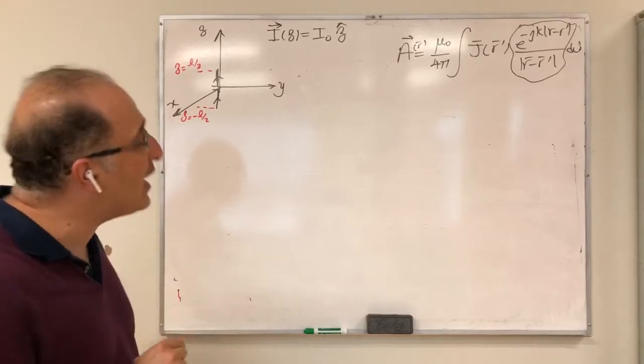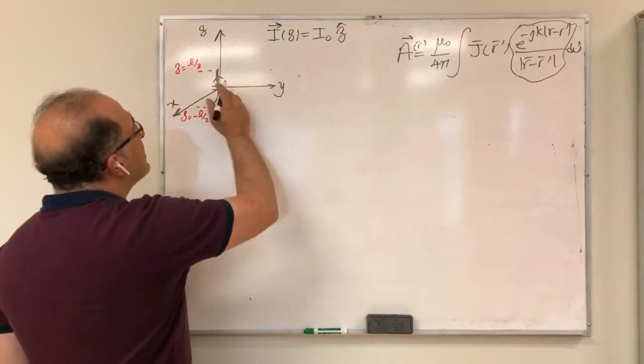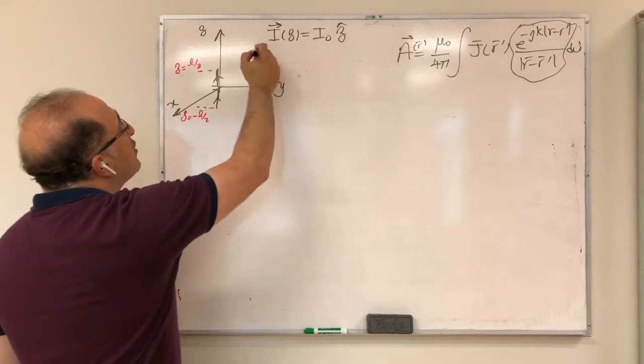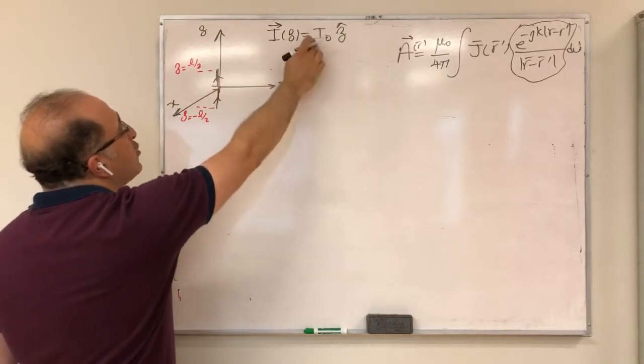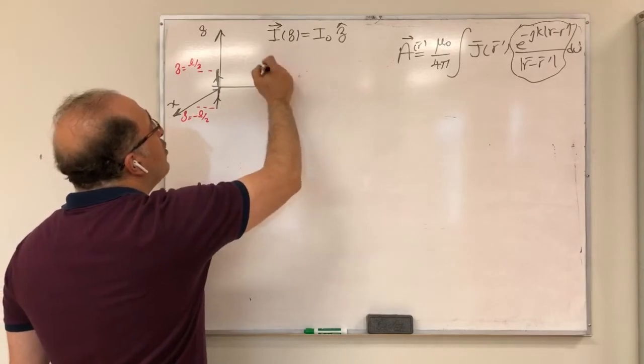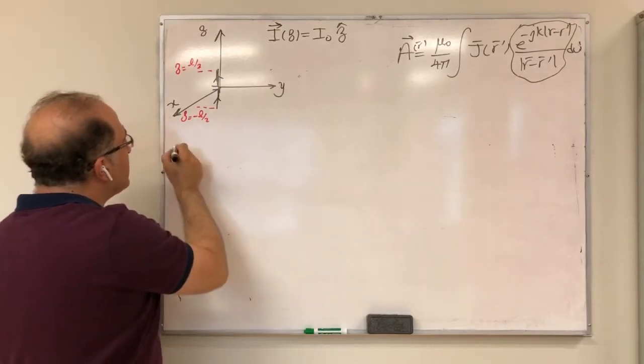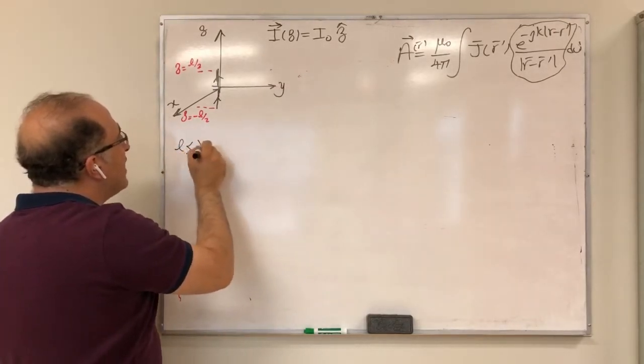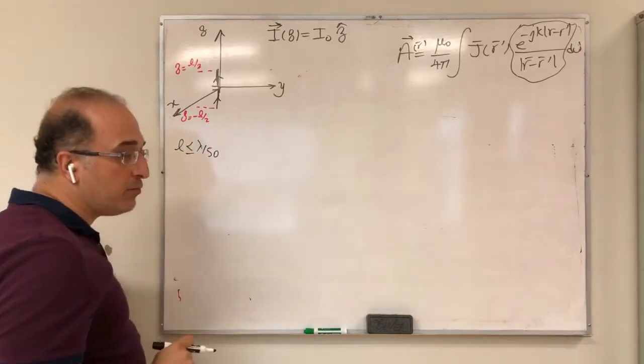But before doing that, let me emphasize here that this is an infinitesimal dipole. So the current is assumed to be uniform, and the length of the dipole is so tiny, let's say less than λ/50.